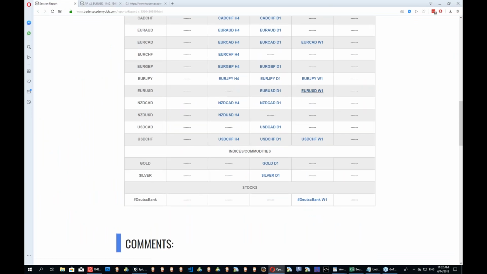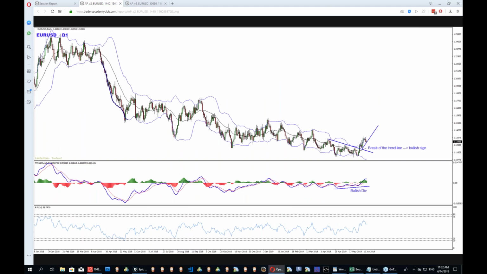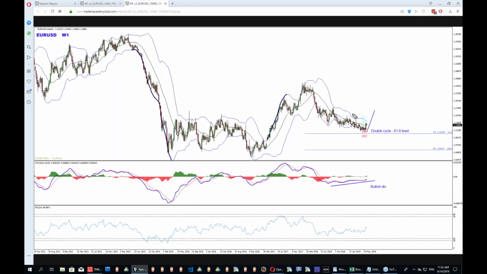Euro dollar, not even interested in discussing that. It's more than clear. We've been talking about this one for weeks. Nothing changed. Those are the weekly and daily charts. So in 3, 4, 5 days, basically no changes. Just a quick summary. Weekly chart, double cycle completed.